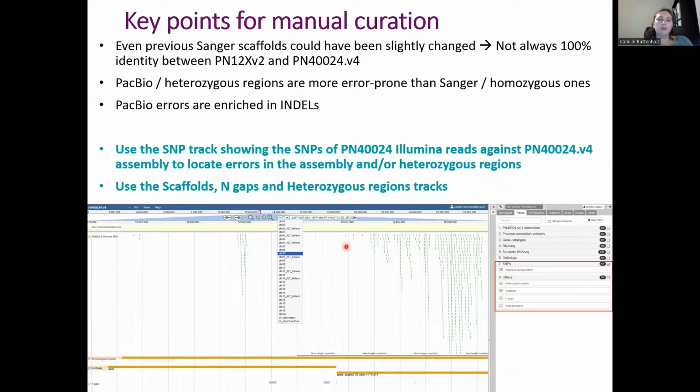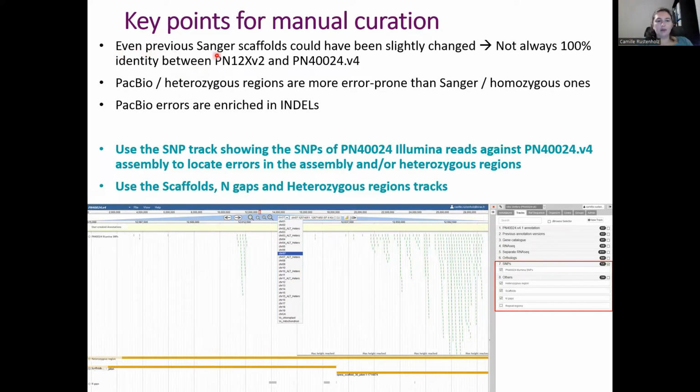So the key points you have to keep in mind to perform manual curation, based on what I explained to you about the genome assembly. Basically, this genome assembly is a mixture between Sanger quality scaffolds and PacBio scaffolds, which are more error prone than the Sanger ones. But as I told you, we also corrected some N regions in the Sanger scaffolds.